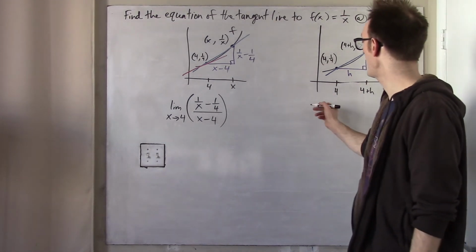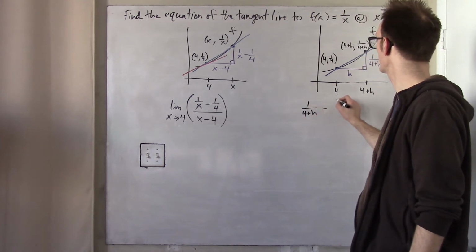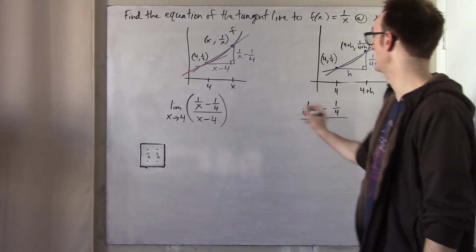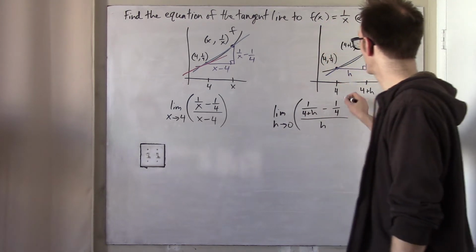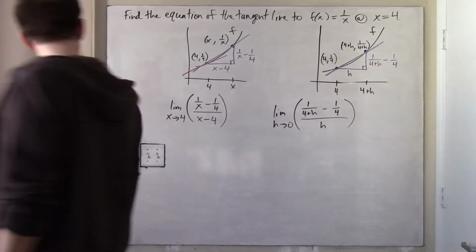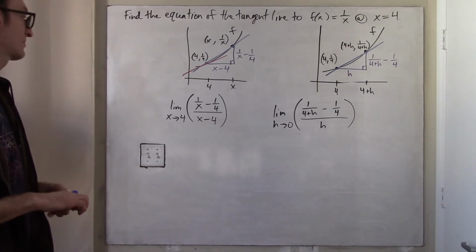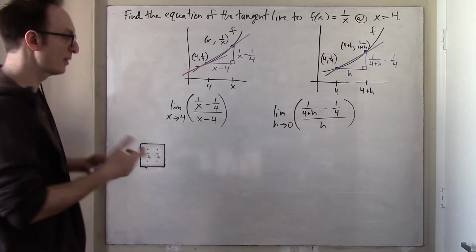It's the change in y, 1 over 4 plus h minus 1/4, over the change in x, which is h, and now I want to take the limit as h goes to 0. Both of these should yield the same thing, and algebraically they're kind of different limits, but both should give the same answer.